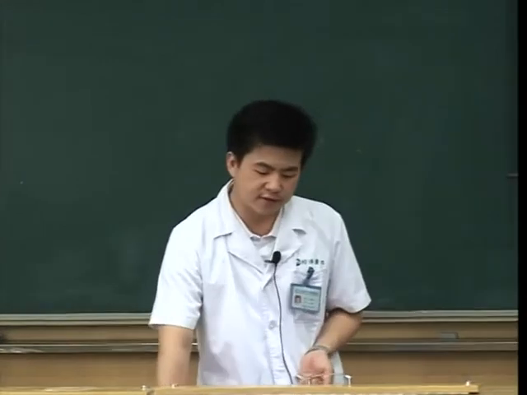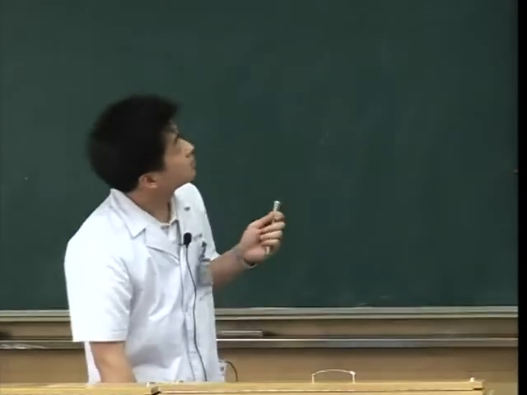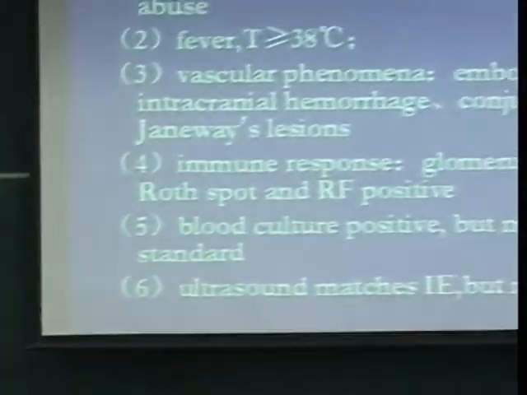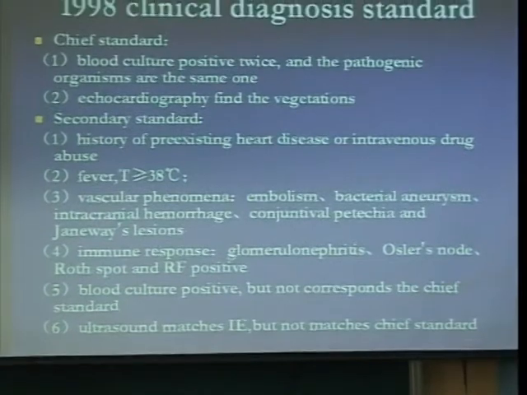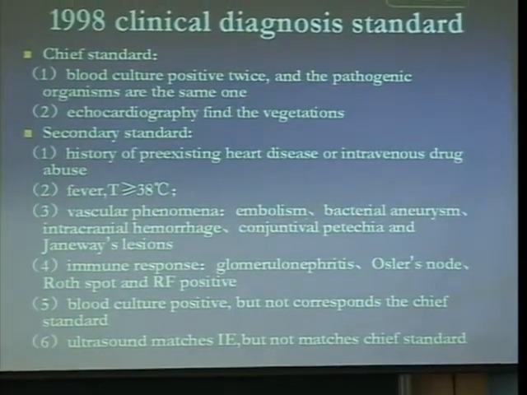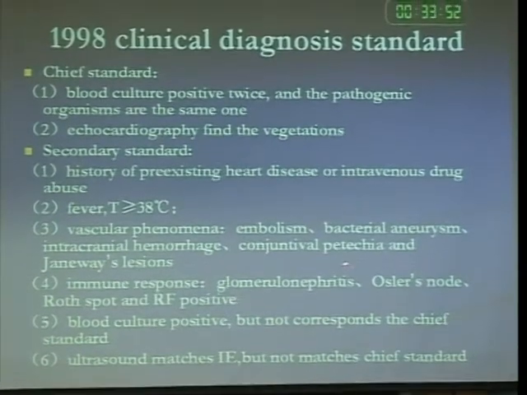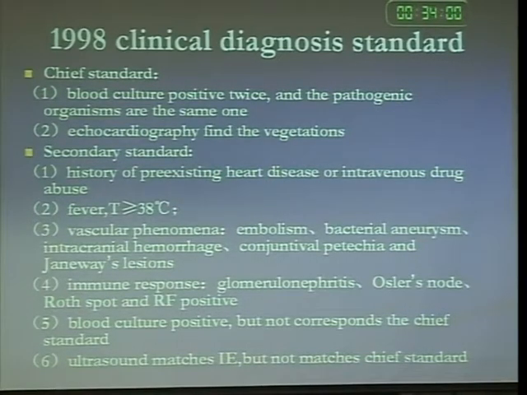So how to diagnose? How about the diagnosis? Here, I showed the clinical diagnosis standard from 1998. It's modified from the Duke diagnosis standard, and this standard we use in clinical practice. The first is the major standard.